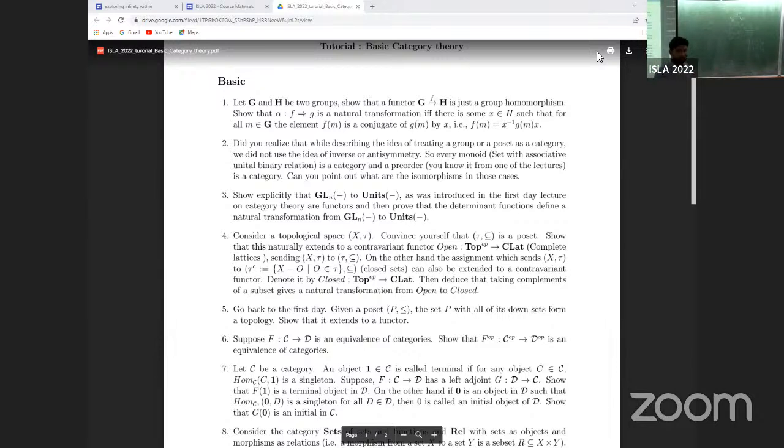If you go to partially ordered sets, then think of what this should be.